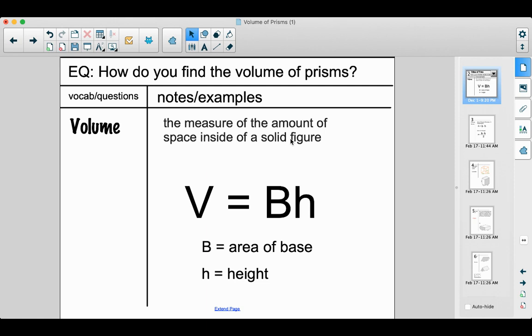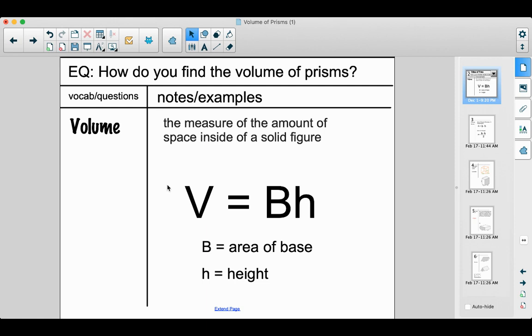So instead, if you're thinking about filling up a box, you would need cubes to do that. So we're going to move to measuring things in cubic units or units cubed. So it'll be inches cubed or feet cubed, and what that means is a 1 by 1 by 1 cube of that size. So anytime we're measuring volume, we're going to be dealing with cubic units.